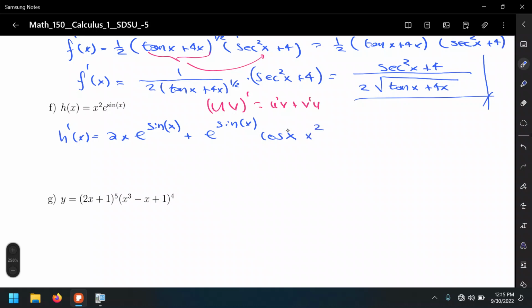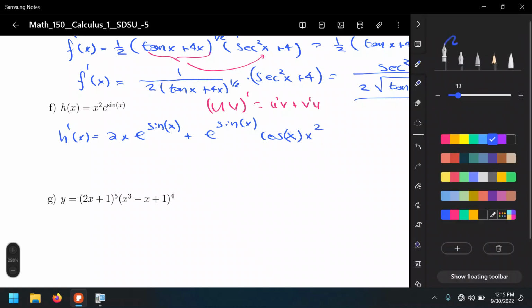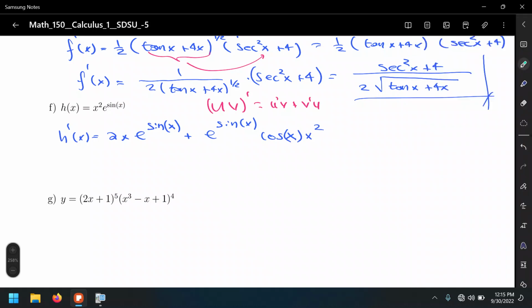That is x squared. Let me label everything here so you can see how this makes sense. That's u prime, that's our v, and that's v prime, this is our u. And I don't think there's anything else to do. Maybe factor out an x, but we don't really need to because that doesn't simplify much.